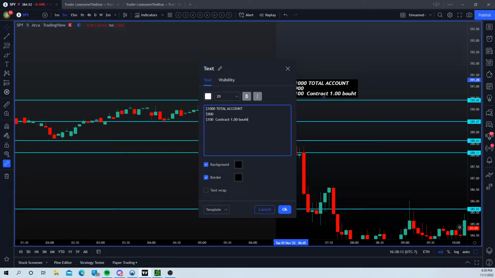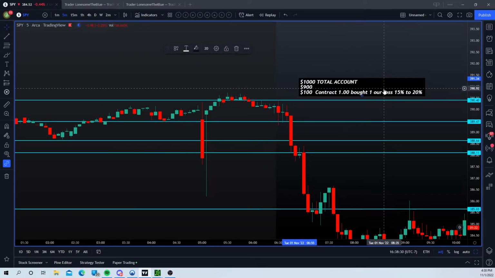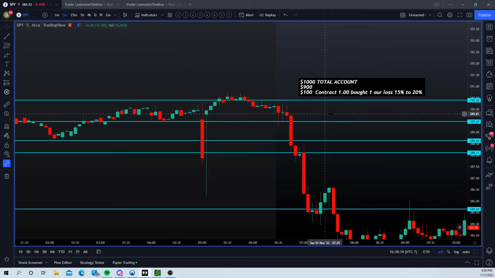Or let's say we bought one contract of 100. Our loss is, let's say, 15% to 20, depending how good it looks, right? So even if you put a 15% loss, that means you'll lose $15 only for one contract.